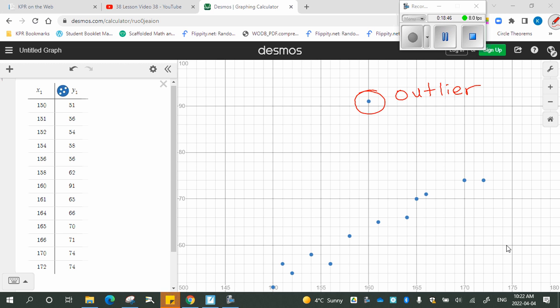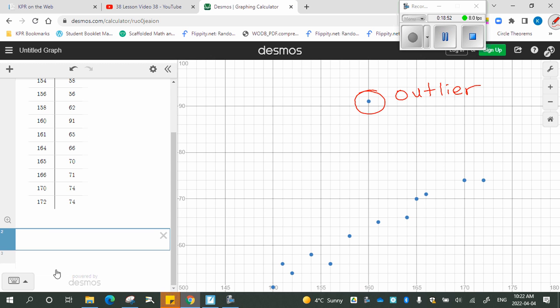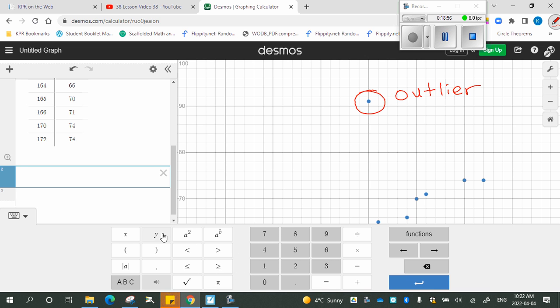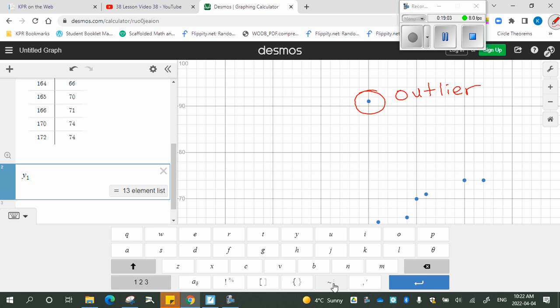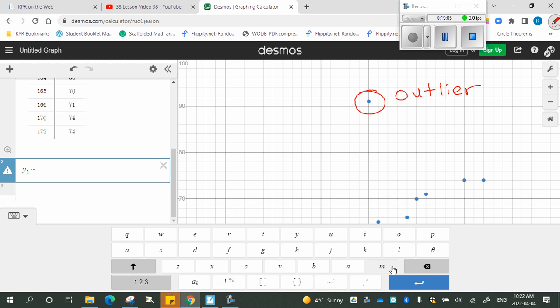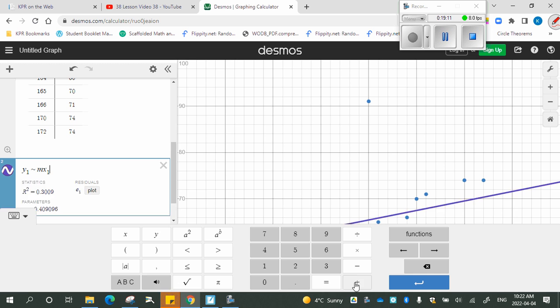Now we're gonna do our line of best fit, so click below your table. So you add in another spot to put an equation, and then you're gonna type in with your graphing calculator, y1 is approximately equal to, which is in your ABC, mx1 plus b.